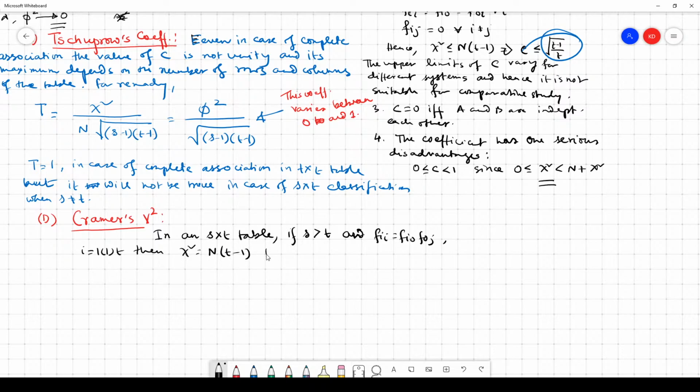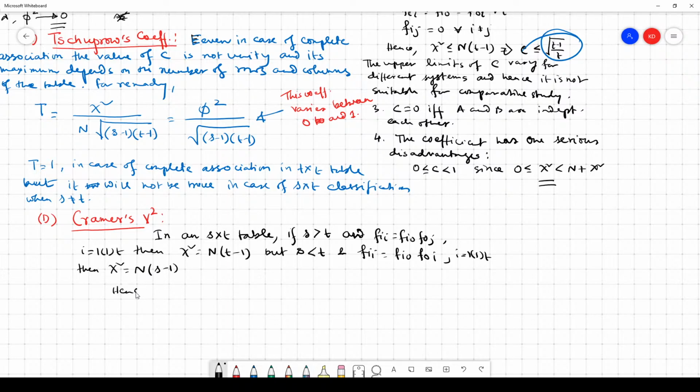But if s less than t and F ij equal to F i naught F naught j, i from 1 to s, then chi square equal to n into s minus 1.